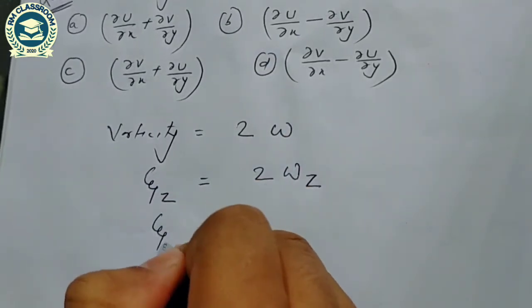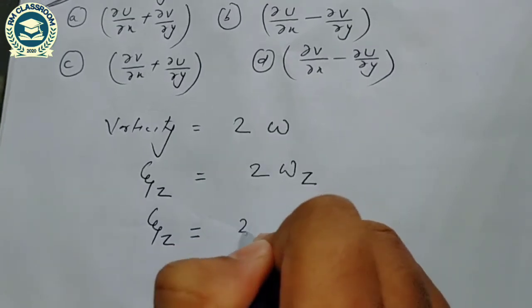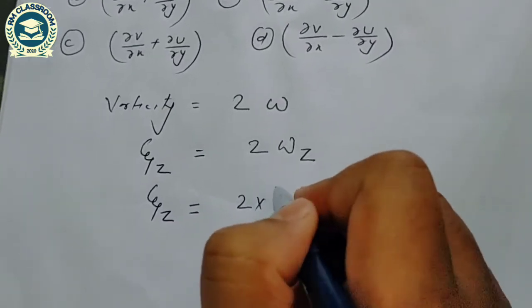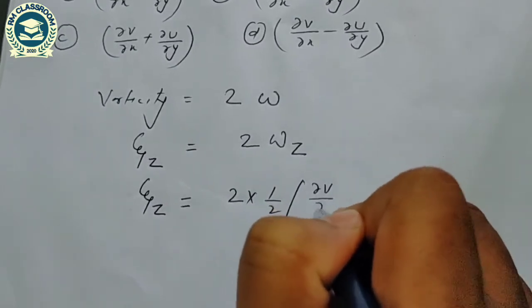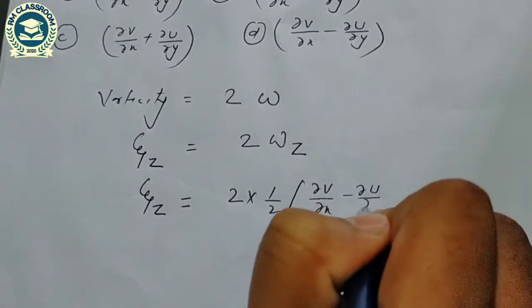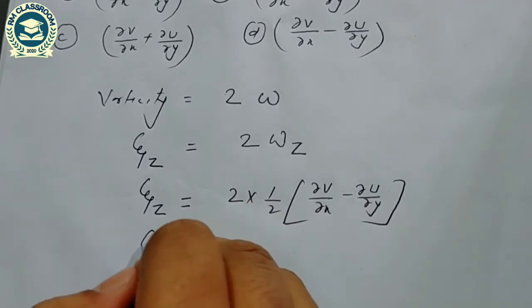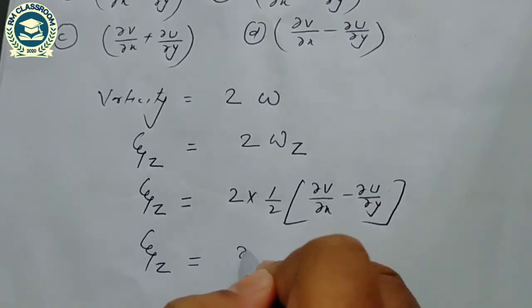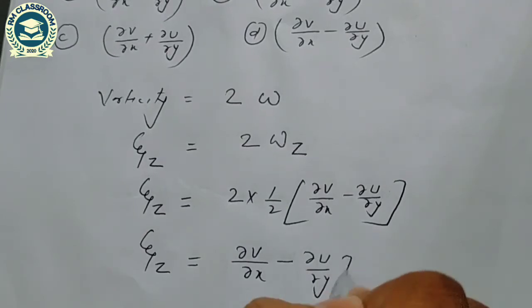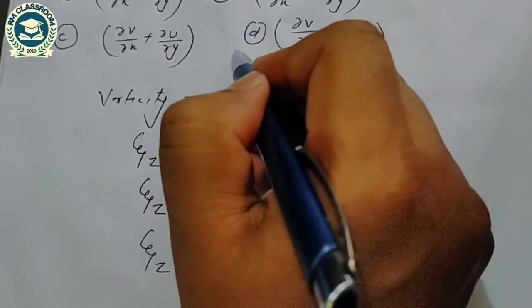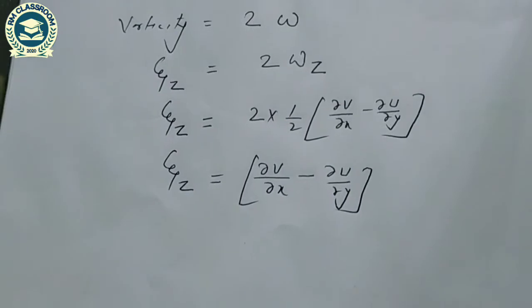The rotational component in z direction we know is 1 by 2 times del v by del x minus del u by del y. So the 2s cancel, and vorticity in z direction is equal to del v by del x minus del u by del y. So option D is correct.